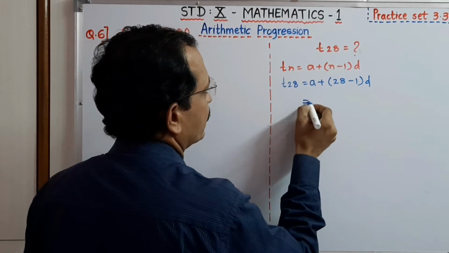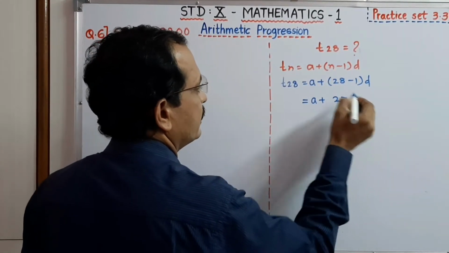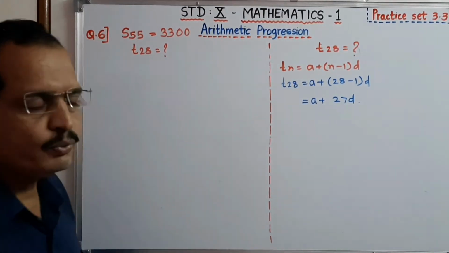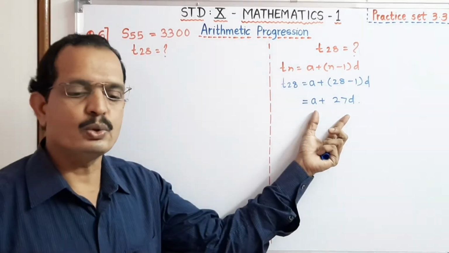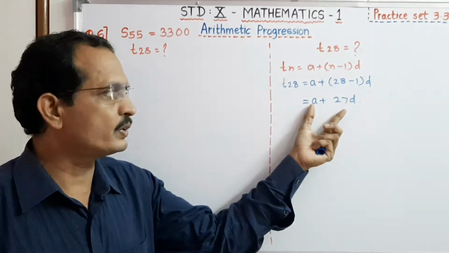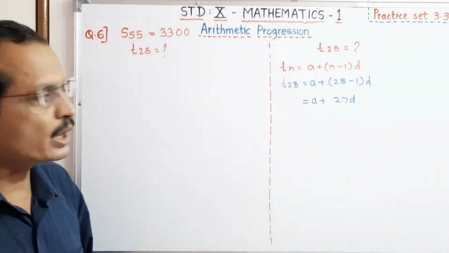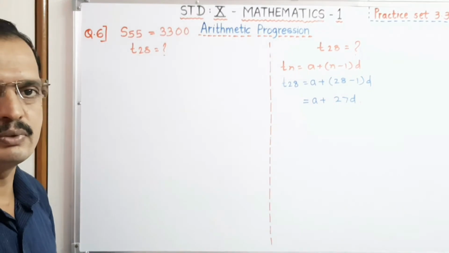Therefore we got a plus 27d. That means if we have to solve further, we must know the value of a and d. Without knowing the first term and the common difference, we can't solve further. And for that purpose, what information is given?